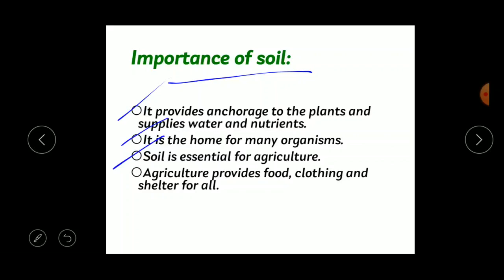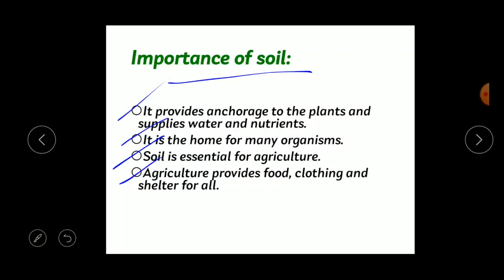Different types of soil support different kinds of crops. The next point is agriculture provides food, clothing and shelter for all. Without agriculture, food, shelter and clothing are not possible. So agriculture provides food, clothing and shelter for all.